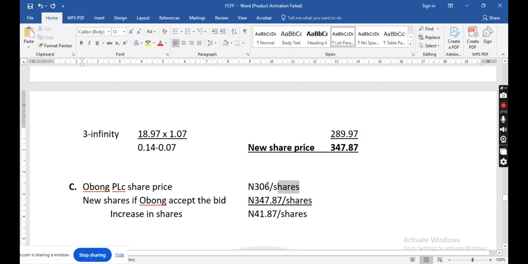The share price as of today of Obong is this. But if Obong decides to accept this bid, the share price will increase as a result of coming together with Abdul. Probably they want to merge, right? And what is the difference?